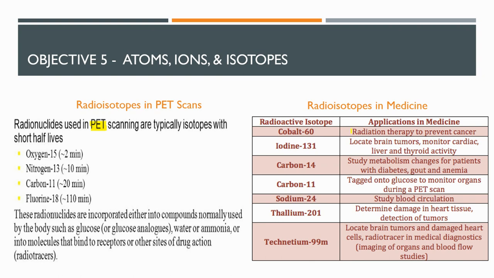If you know of anyone who's been through radiation treatment, this can be used to treat cancer cells. Now, radiation is not good for our cells, so we don't want to blast our whole bodies with radiation, because that could actually cause cancer. So what they do is specifically target cancer cells and try to disrupt them and get them to essentially die. We can also use them as tracers.